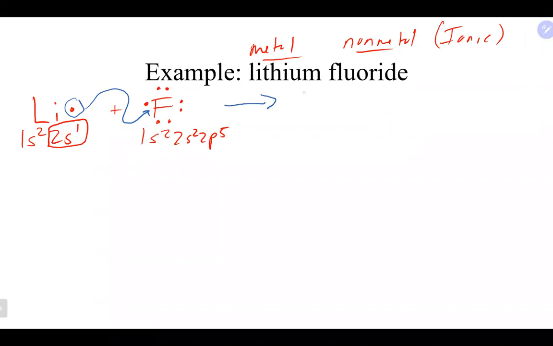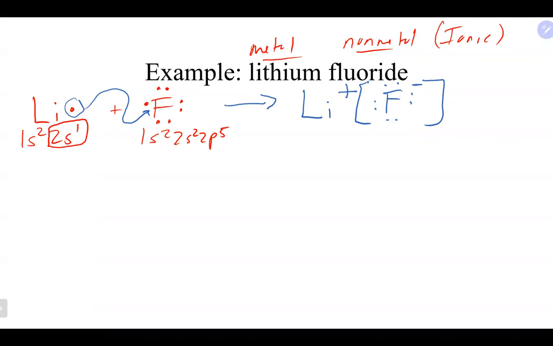The result is lithium will now become positively 1 charged because it has lost an electron. The fluorine will gain the electron, and as a result, the fluorine will gain a negative charge. That's basically what's going to happen, and this is how we would represent this ionic bond being formed using Lewis dot symbols.